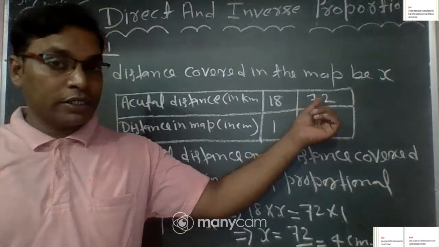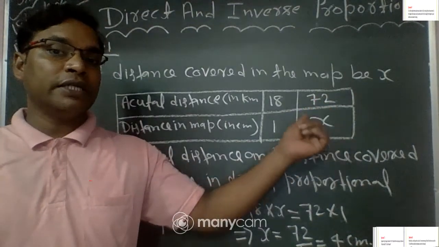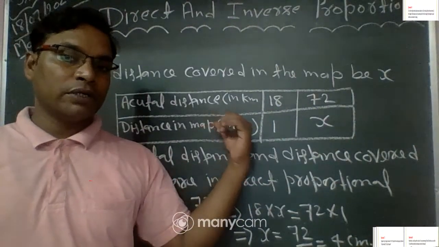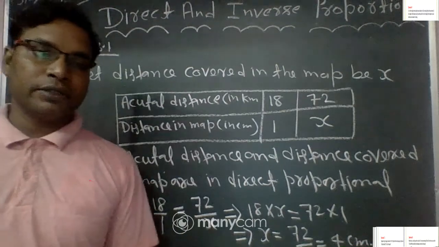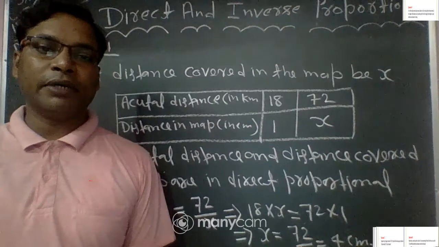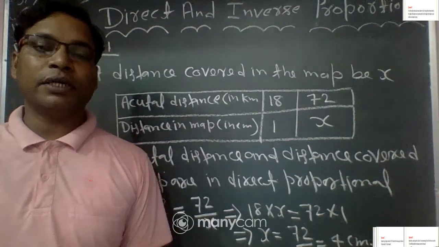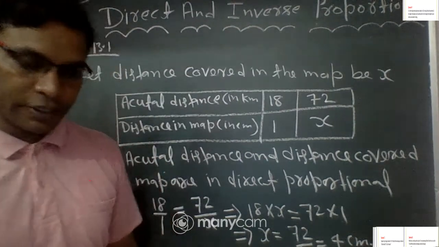So 72 kilometer represents how many centimeters in map? So we find here 4 centimeters. So we can say distance covered in map is 4 centimeter when the actual distance is 72 kilometers. Okay, let's see the next question.